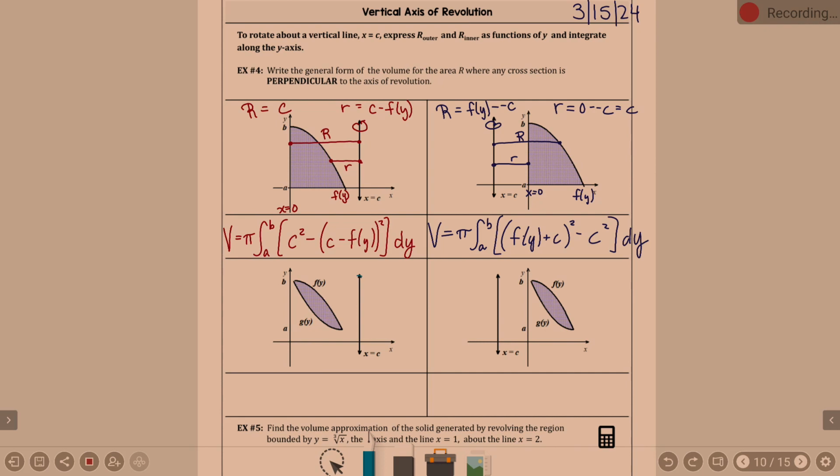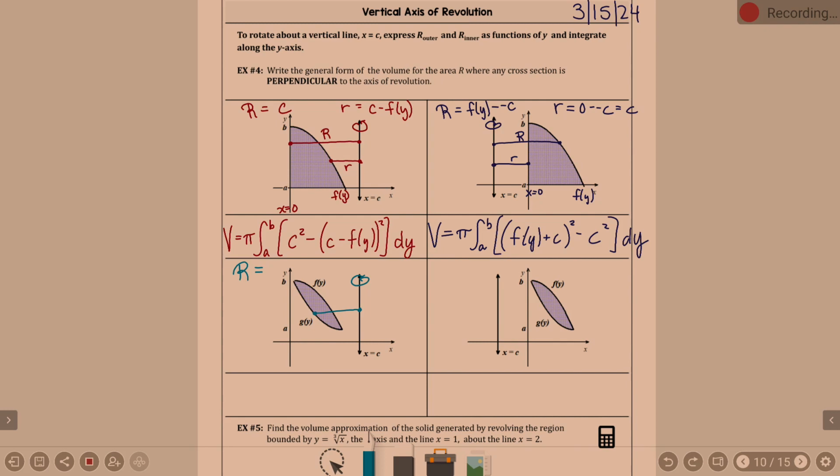Okay, so here is our axis of revolution. Big R, x equals. So there's your bigger distance.